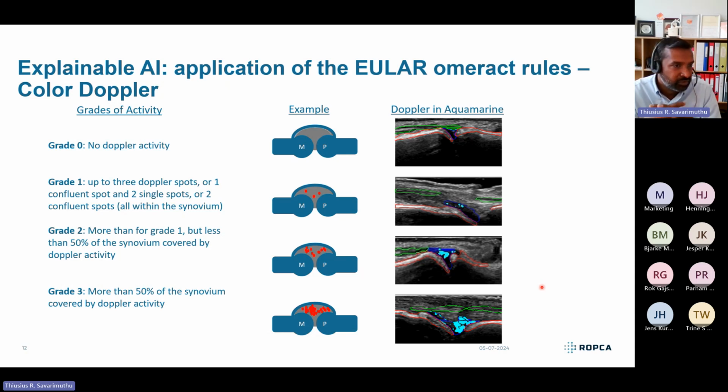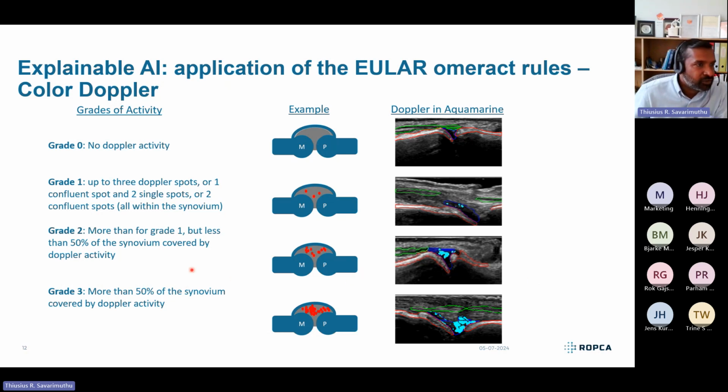In these rules, you have a clear definition of how to image a joint in the fingers, and also what disease activity corresponds to in an ultrasound image. So based on this, we annotated a lot of ultrasound images that were collected, and we trained a network to classify these images.